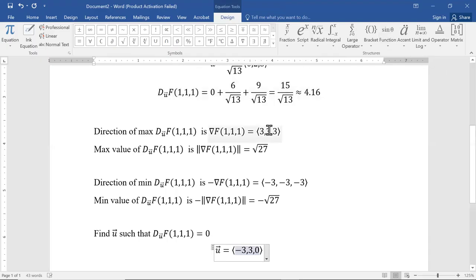So I swapped the 3 and the 3 since they look the same, and then I made one of them a negative. If I do that, I'm going to get an orthogonal vector to my gradient, and therefore the directional derivative of f in the direction of that vector will give me 0.